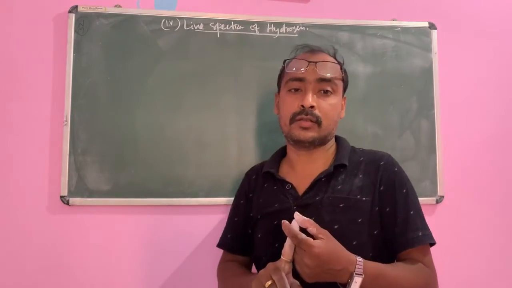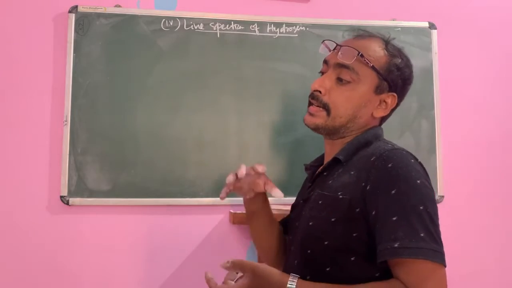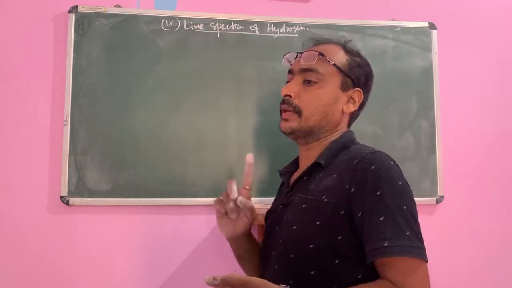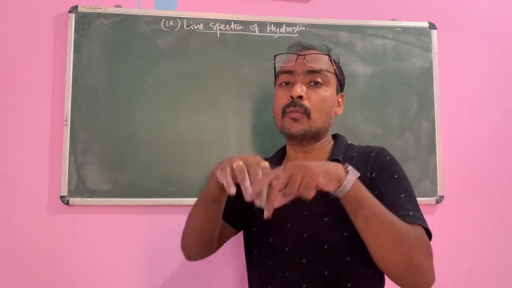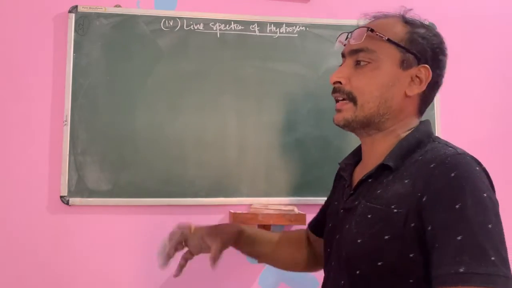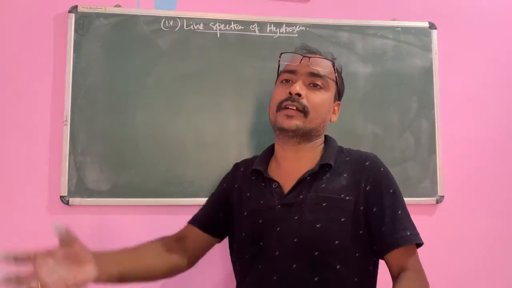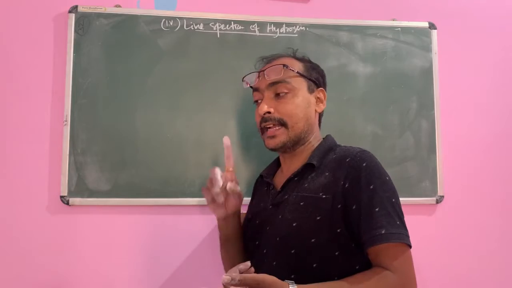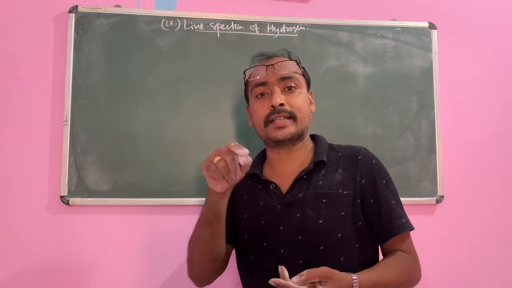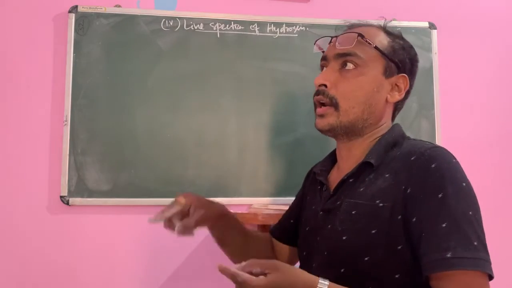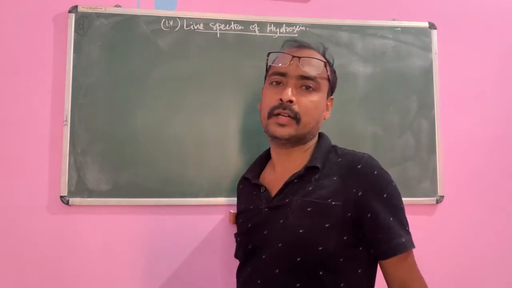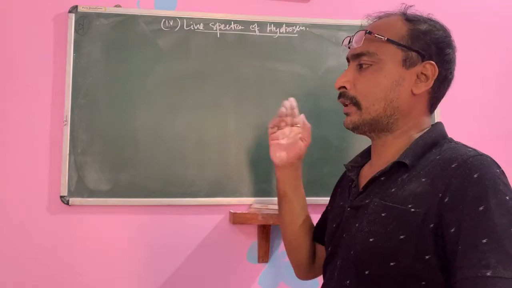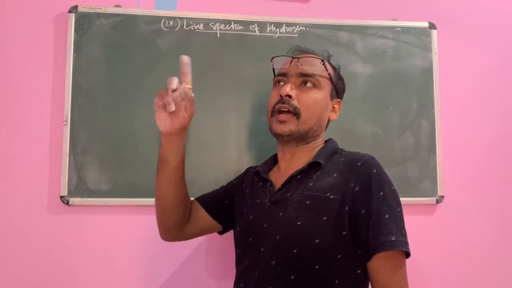When H2 gas is electrically discharged, that is, when you give a high amount of heat energy to H2 gas, it decomposes to form hydrogen atoms, and the atoms get excited. Excited means the electron of that atom goes from a lower energy level to a higher energy level. But it is not stable at that higher energy state.